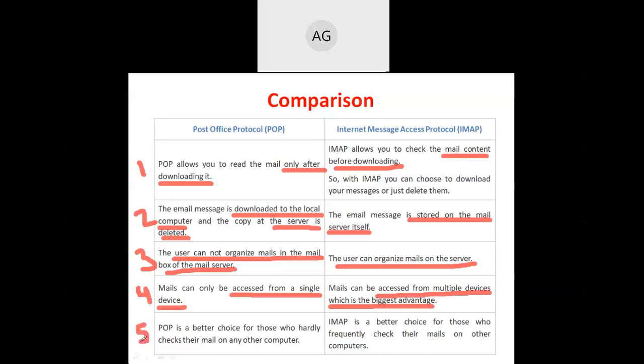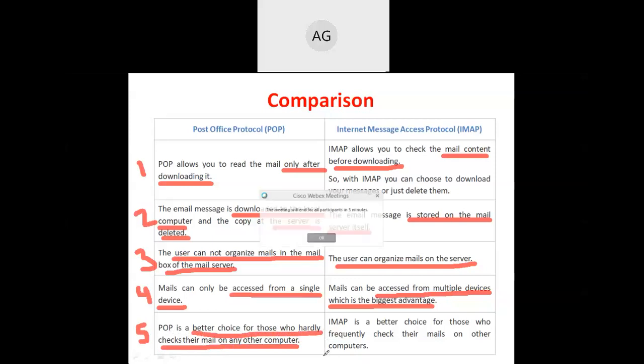The last point of difference between POP and IMAP is, in the case of POP, POP is a better choice for those who hardly check their mail on any other computer. Means the persons who check their mails on their own system or their own laptops or the PC.